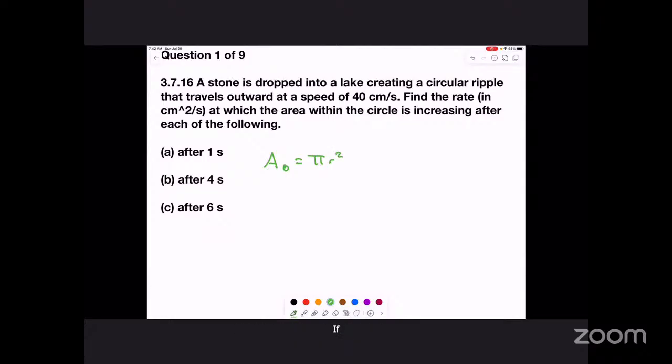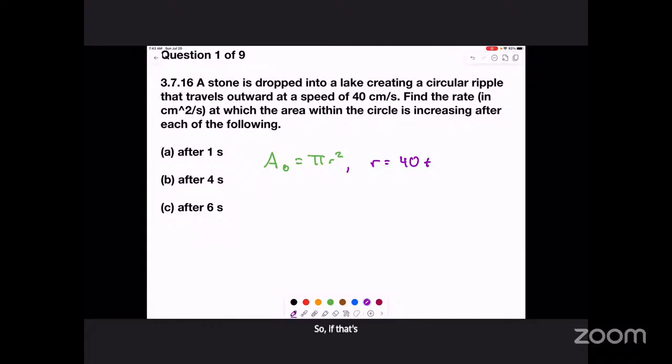If it's traveling out at a speed of 40 centimeters per second, that means the rate of change of our radius with respect to time is 40, so our radius based on time is going to be 40 times t, right? For instance, after a second, the radius should be 40 centimeters, right? After 2, right? So this is based on time, okay?